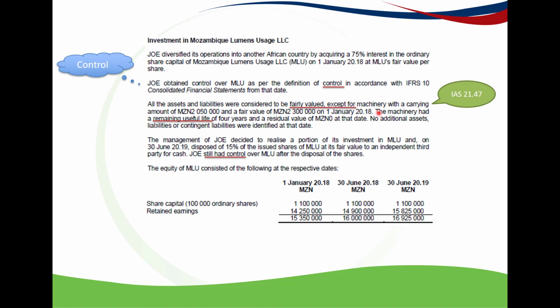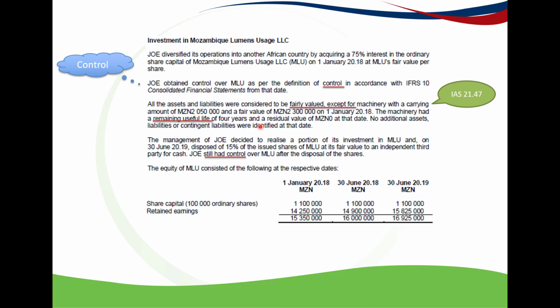But IAS 21 paragraph 47 says, yes, we fair valued it, but that fair value adjustment, the 2.3 million less the 2.05 million, should also be depreciated in the foreign currency, the MZN. And the same principle applies to goodwill, that goodwill will also be always translated back to MZN, and then when the consolidated financial statements are prepared, it will be translated back to Rand using the appropriate closing rate on the reporting date.